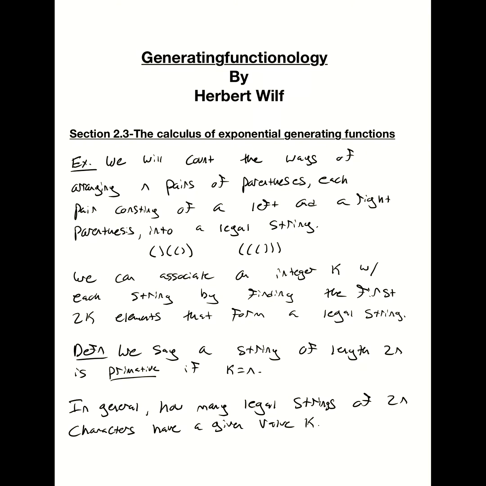And this is clear, there's probably more than one, right? Because the way we arrange the first k elements, well, in this case, we want to make sure that's a primitive thing, but the second piece can be arranged pretty much however it wants, and that's the same in every one of these. So if it has a given value k, there could be multiple different strings with the same value k.